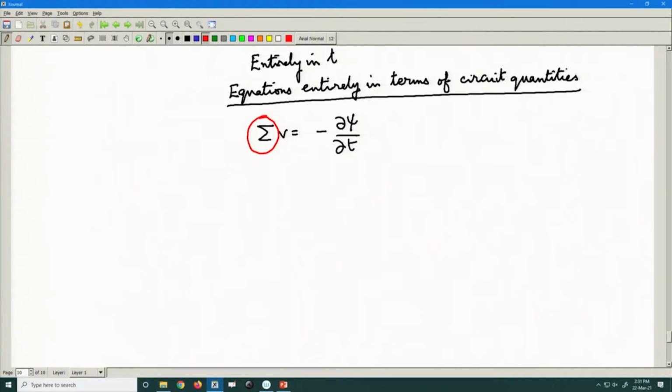So, therefore, this comes directly from equation number 6, what we wrote. So, summation of V is equal to minus del phi by del t. So, summation of V is the line integral of E dot dl.